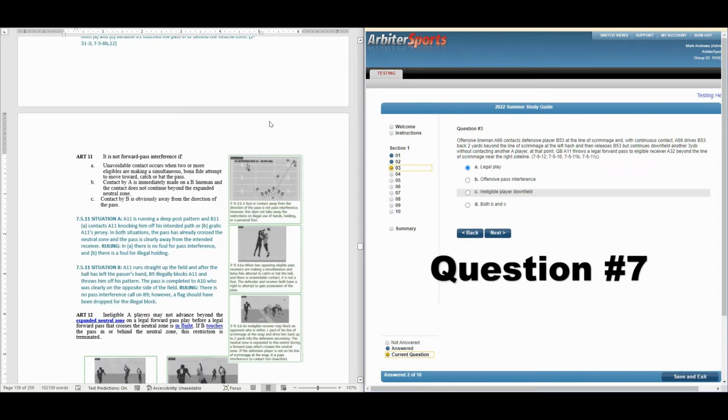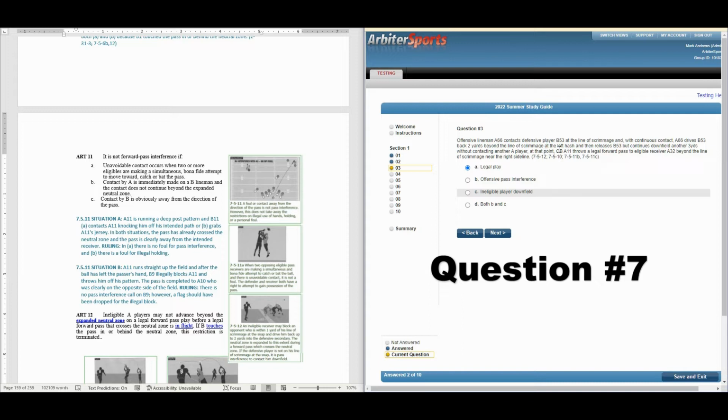Okay, question number 3. Offensive lineman A66 contacts defensive player B53 at the line of scrimmage, and with continuous contact, A66 drives B53 back 2 yards beyond the line of scrimmage at the left hash, and then releases B53 but continues downfield another 3 yards without contacting another A player.